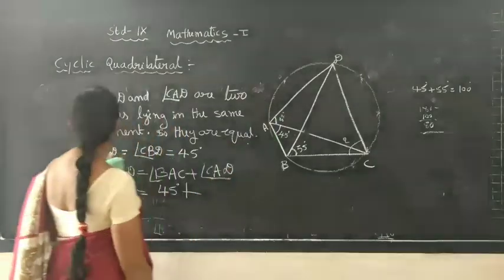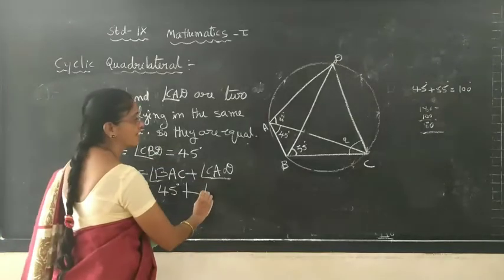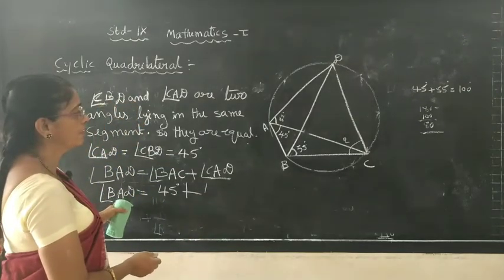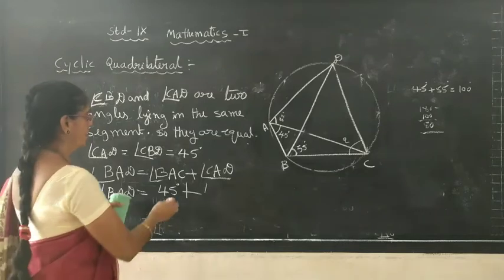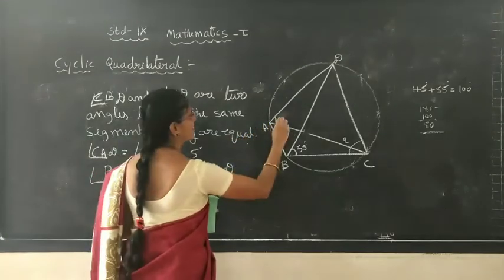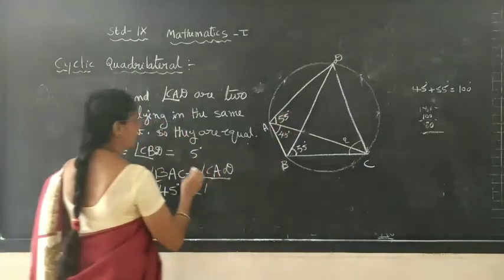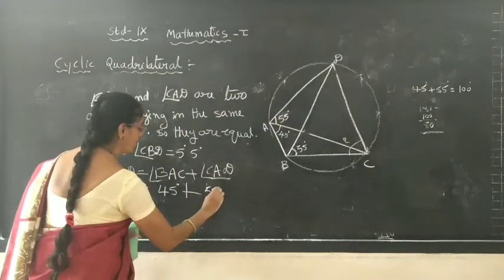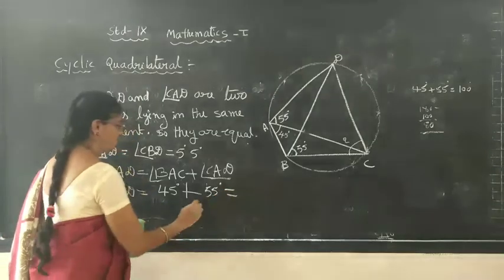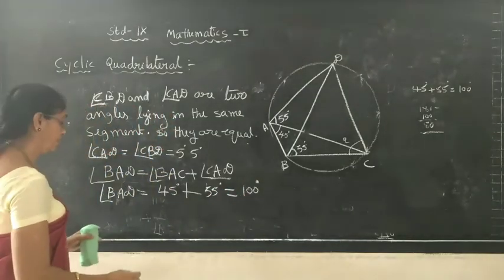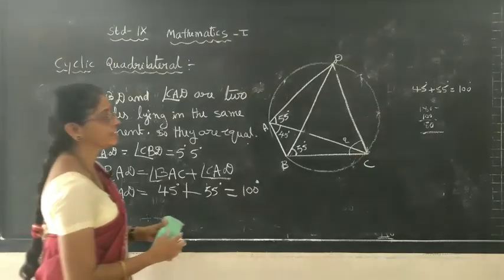CAD we just found out, sorry, I did it wrong, it is 55 degree. 45 plus 55 degree is equal to 100 degree.